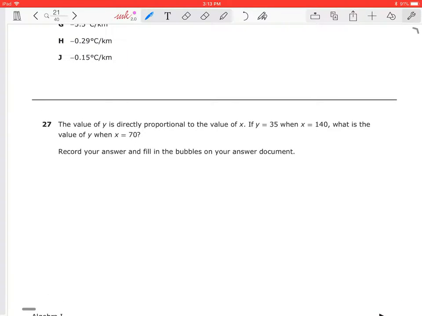Number 27, it says the value of Y is directly proportional to the value of X. If Y is equal to 35 when X is equal to 140, what is the value of Y when X is equal to 70? So that means we have Y is equal to KX. So I'm going to plug in these values so I can find my equation. So 35 is equal to K times 140.